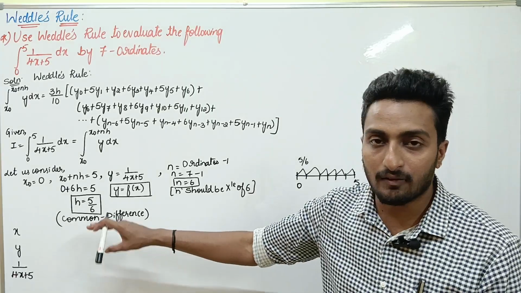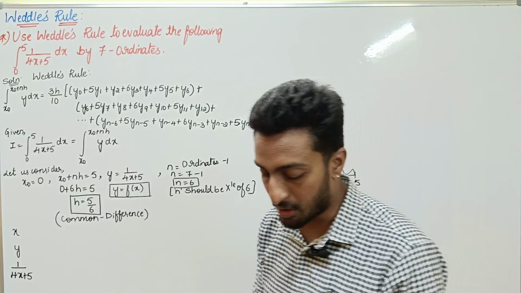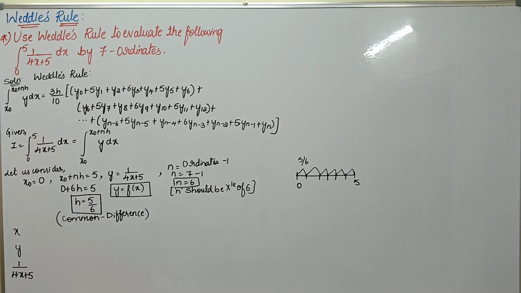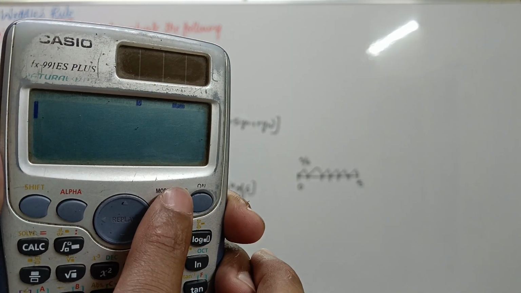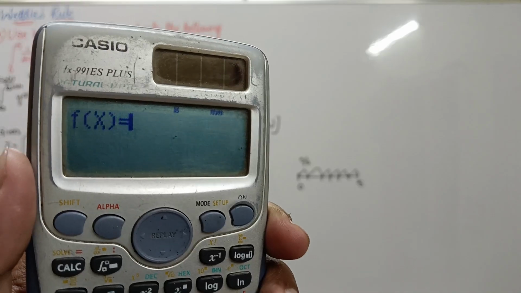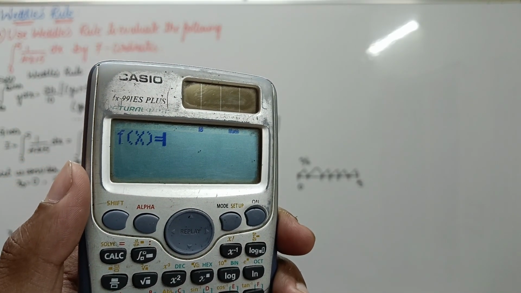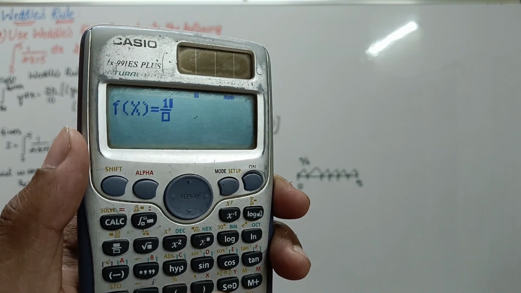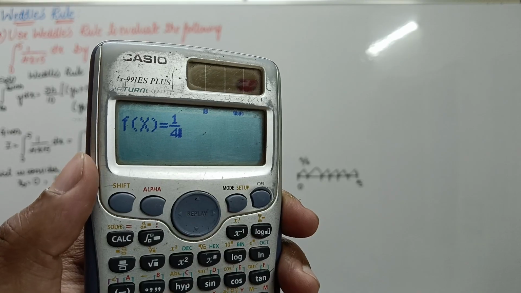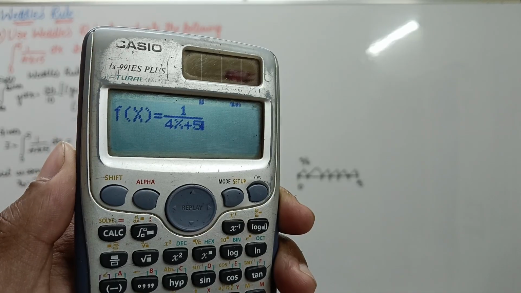How to represent the interval? How to represent the functional value with respect to the given interval? I am going to show you now. Okay, first take the calculator, press mode setup, press 7, f of x equal to 1 by 4x plus 5. Press numerator denominator 1 divided by 4 x. Press alpha closing bracket x plus 5.